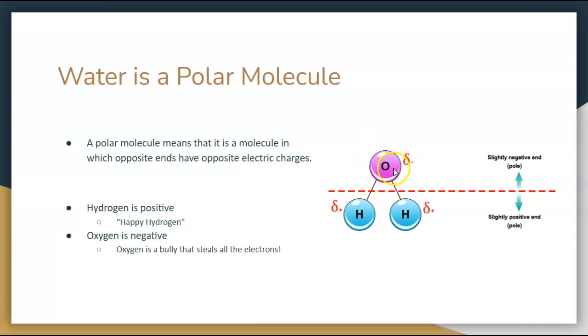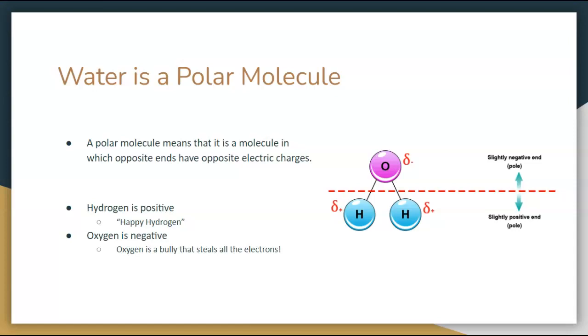And so oxygen is slightly negative, and the hydrogen is slightly more positive than the oxygen at least. And so they have different electrical charges, positive and negative, at opposite ends, and so it becomes what's called a polar molecule.